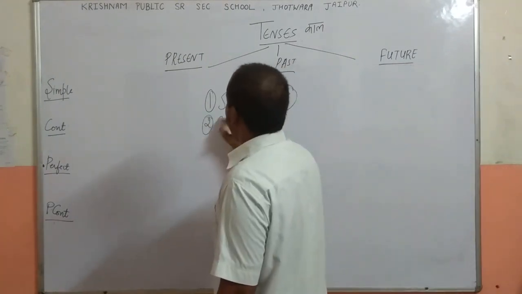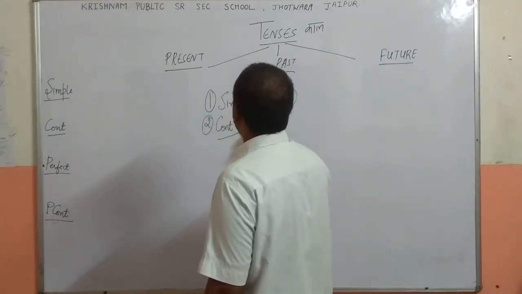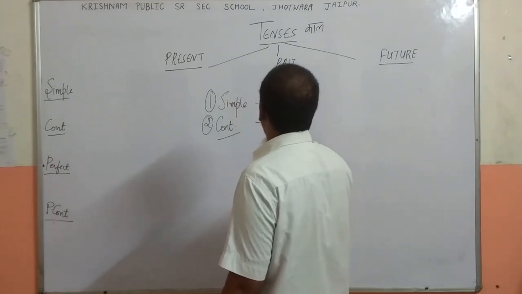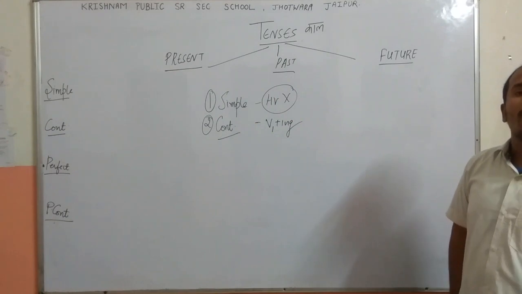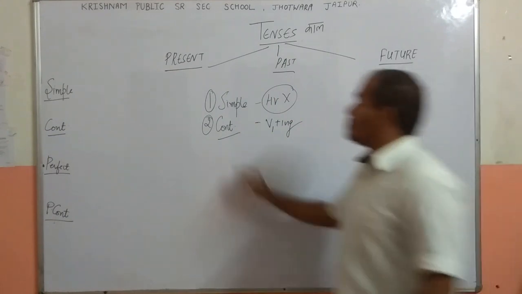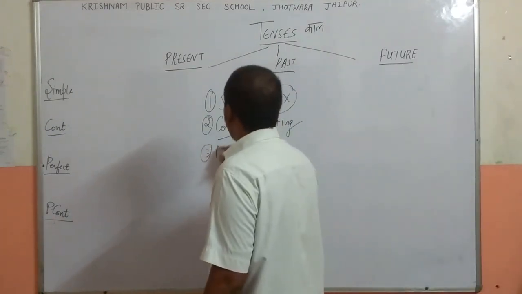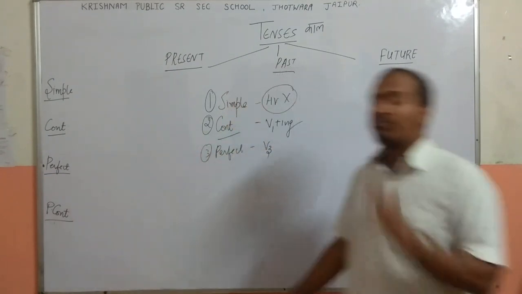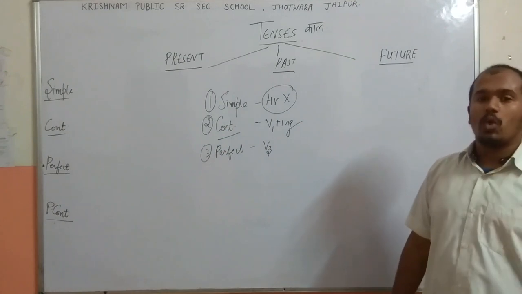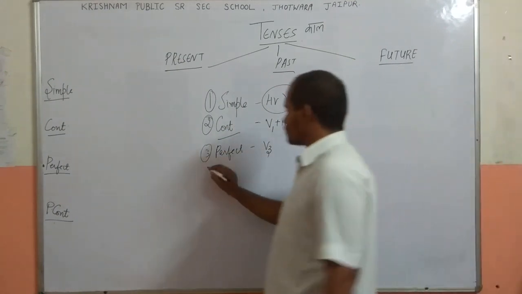Second rule: wherever the word continuous comes, we are supposed to use verb's first form and ing. Wherever you see the word perfect, you are supposed to use verb's third form, compulsorily.